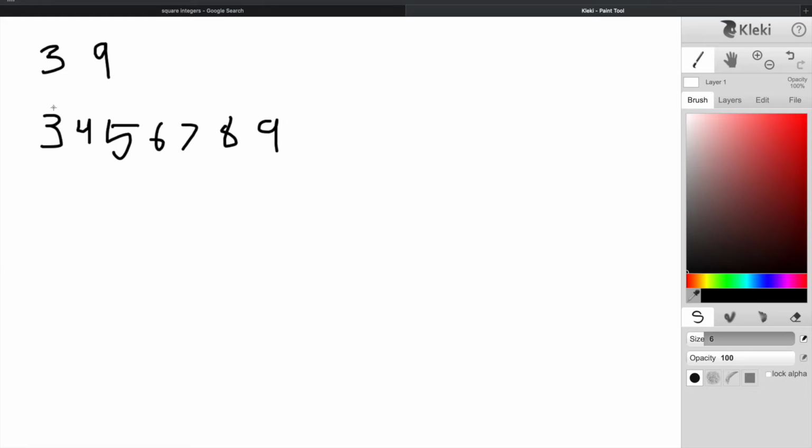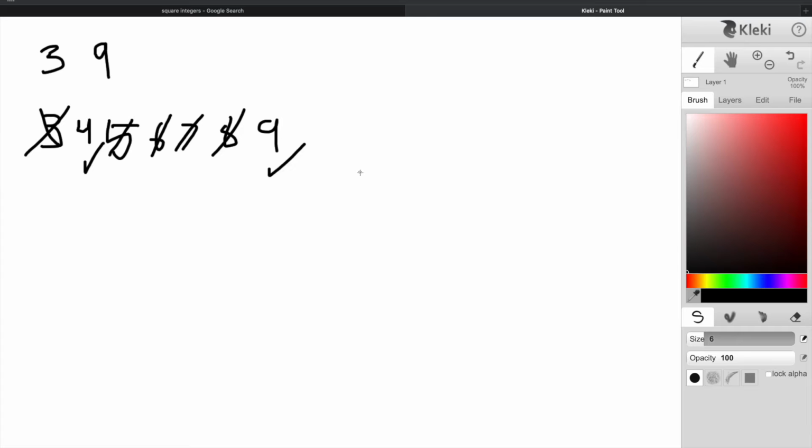Right off the bat, we can see that 3 is not a square integer because the square root of 3 will not give us a whole number. 4 is a square integer, 5 is not, 6 is not, 7 is not, 8 is not, and 9 is. So we have 2.